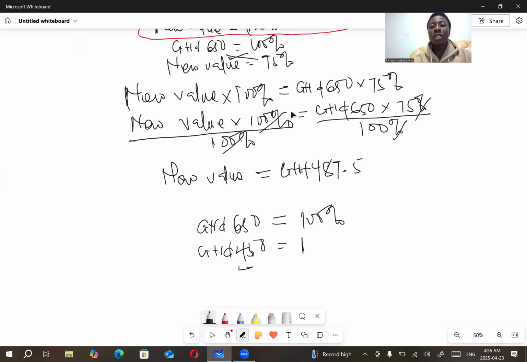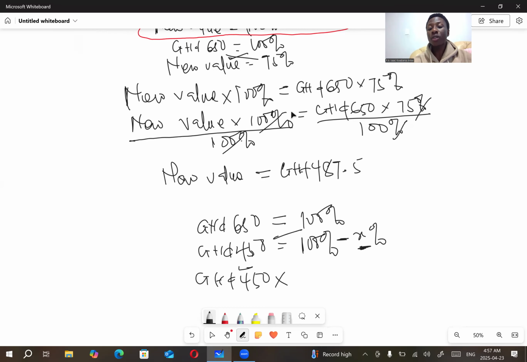To find the depreciation rate, it's all about taking that depreciation rate from 100. And the depreciation rate, you do not know, so you assign X to that. Then at this juncture, what do you do? You cross multiply. So it's going to be 450, mind you, X percent too.